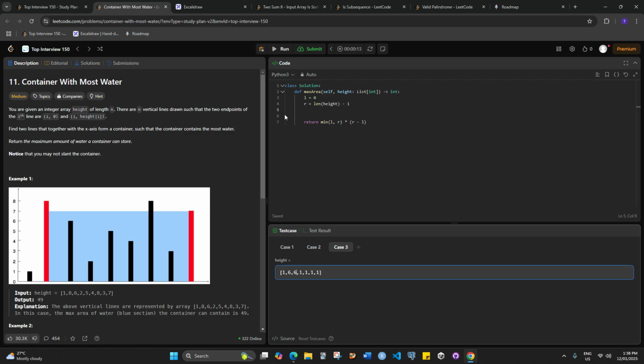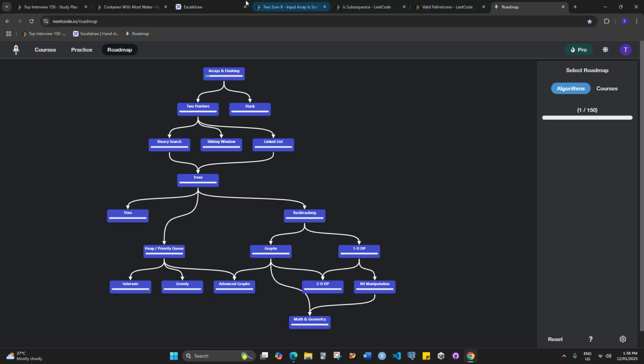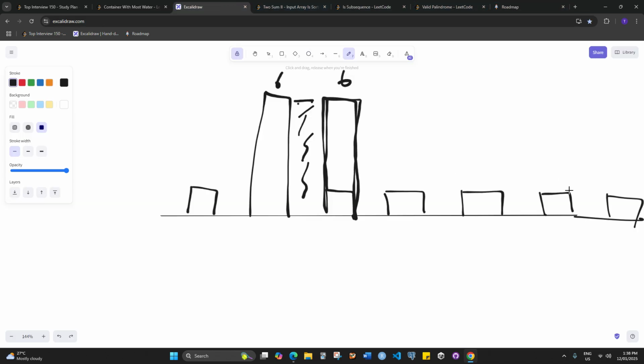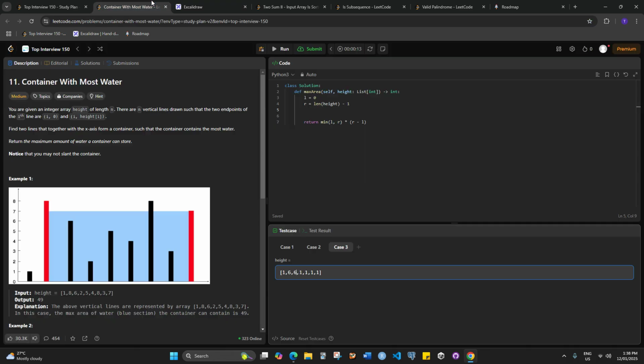If it's also 6, then how can I figure this out with 2 pointers?